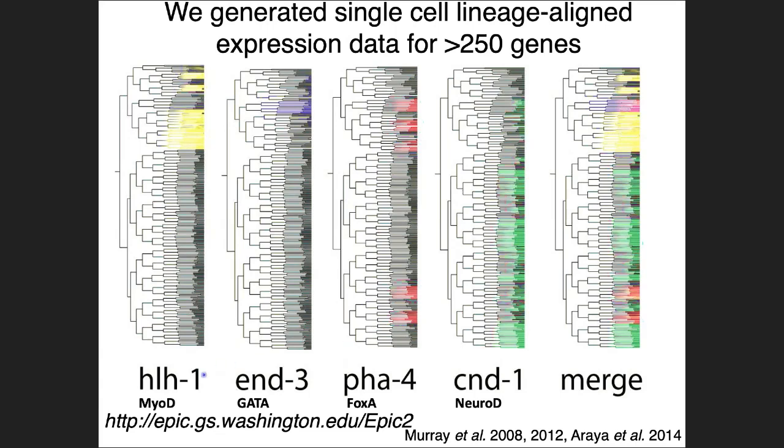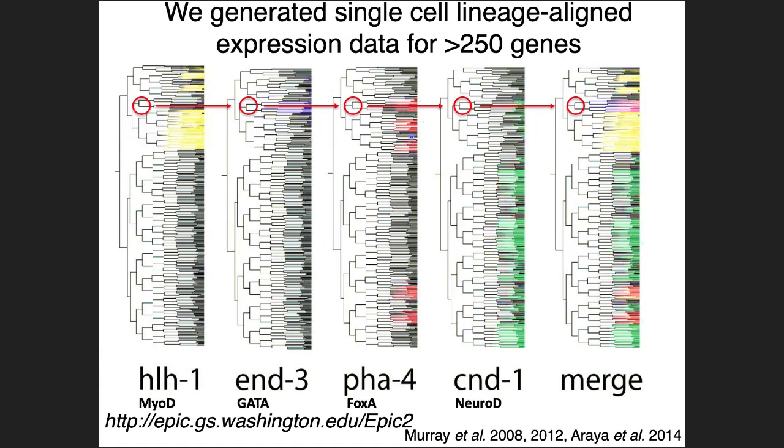And so here's an example of just 4 different genes that are, again, conserved regulators in different tissues: muscle, gut, intestine, gut more broadly, and neuron development. And because it's the same lineage every time, we can say that this cell in this embryo that's a MyoD expressing embryo is the same cell essentially as the cell from this END-3 expressing, or this cell from this PHA-4 expressing embryo.